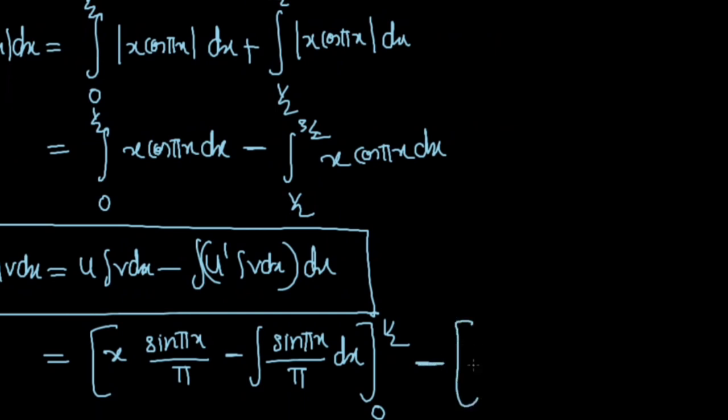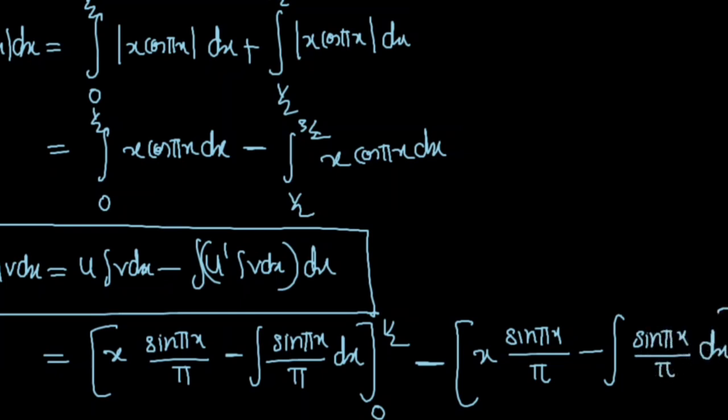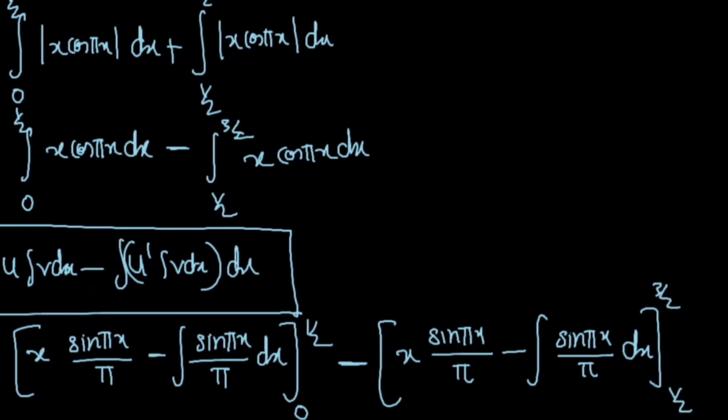Minus, again by parts: x sine pi x divided by pi minus integration of 1 times sine pi x divided by pi dx, with limits 1 by 2 to 3 by 2.